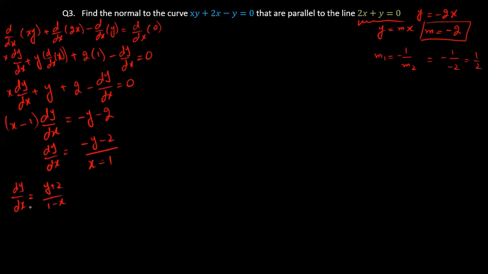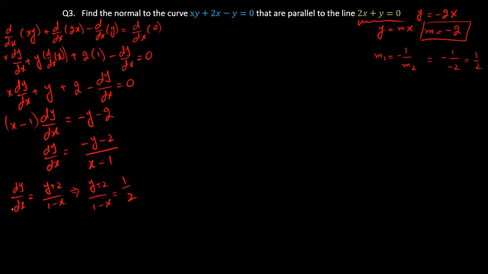So we can write y plus 2 over 1 minus x is equal to 1 by 2, because this is the slope at the xy point and we need to calculate those points.